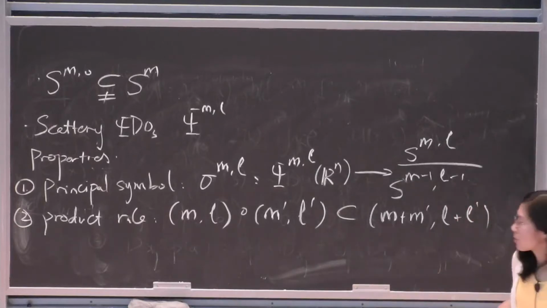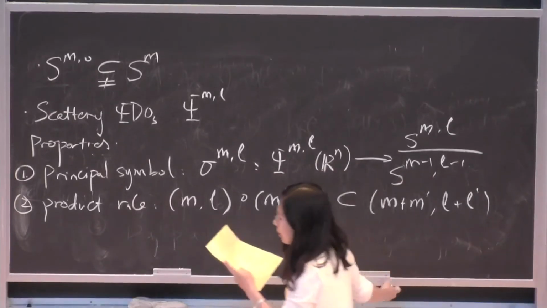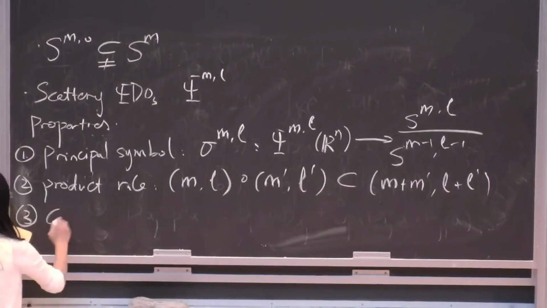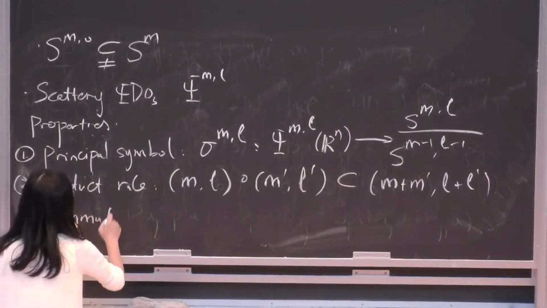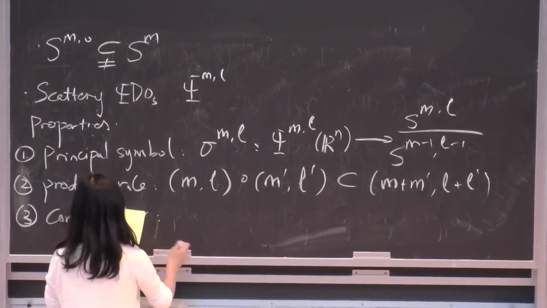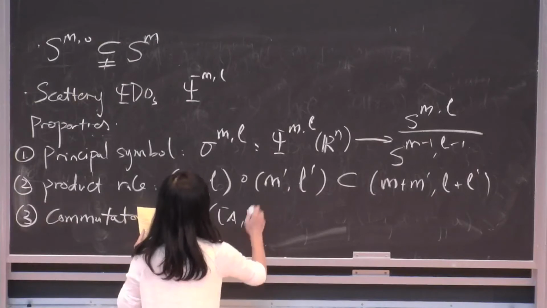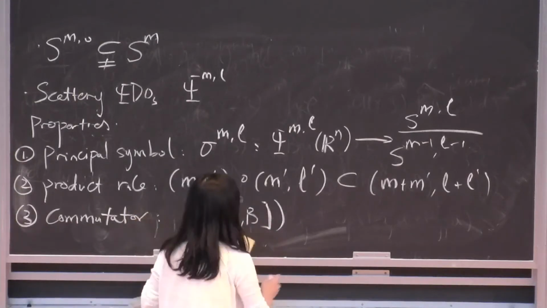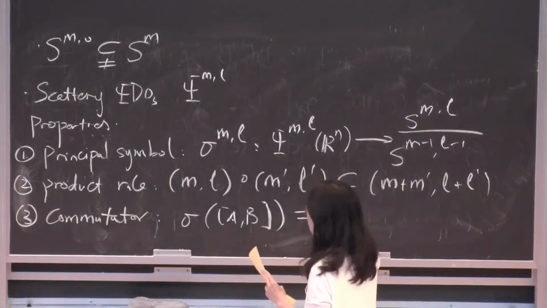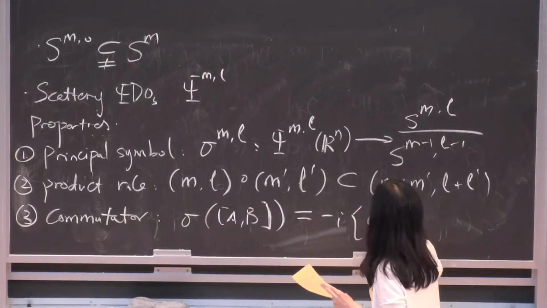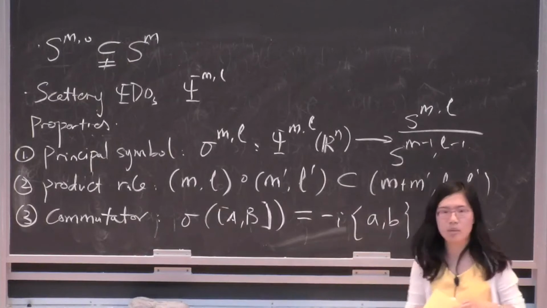The commutator is similar, exactly the same calculation: the principal symbol of the commutator is given by minus i times the Poisson bracket of the two principal symbols.